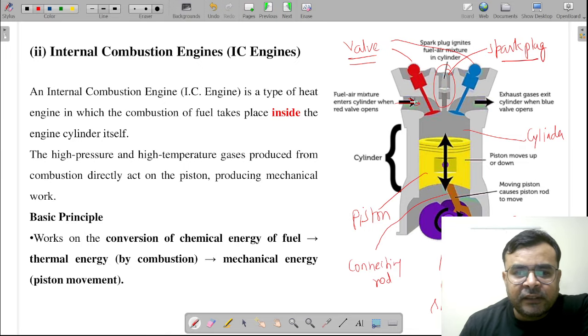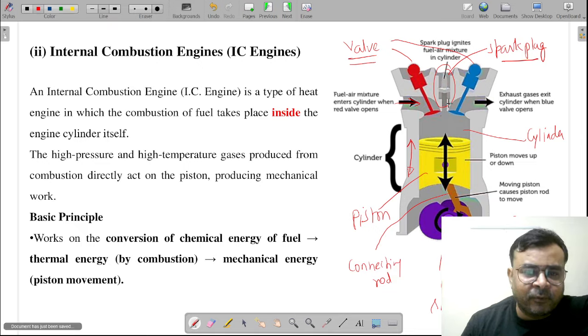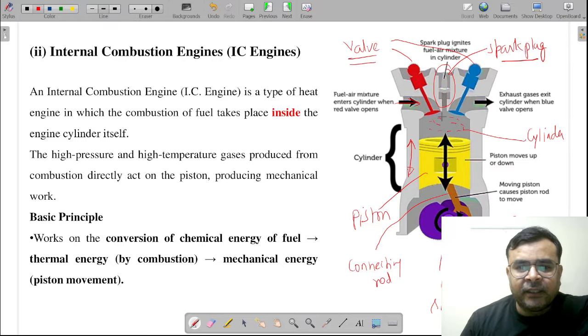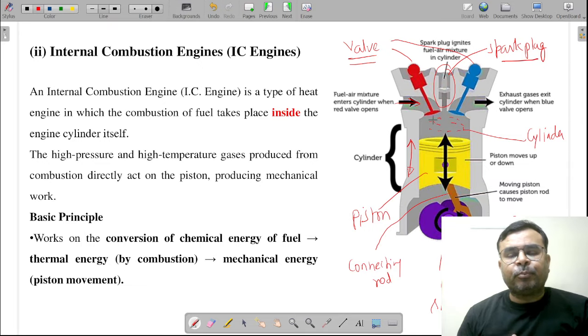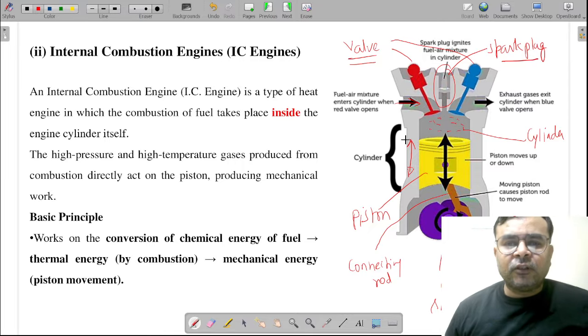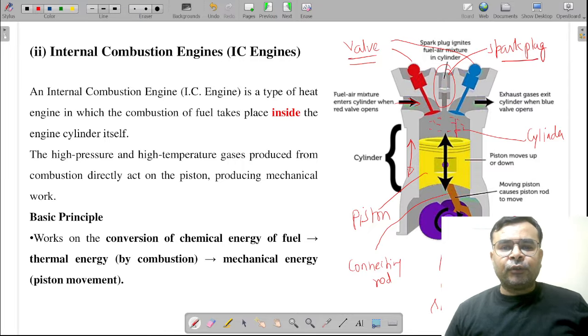Okay. So once this fuel enters into this cylinder, then by the reciprocating motion of this piston, first compression takes place. Once it gets compressed, then with the help of the spark plug, when you provide a spark, the entire fuel inside this piston cylinder arrangement burns, and because of this burning huge pressure will be generated, and because of that huge pressure it pushes the piston so that this piston can move down.